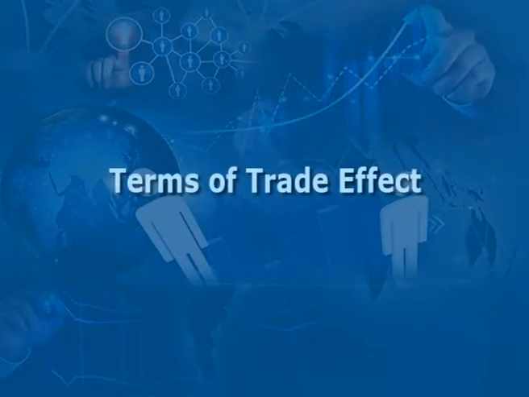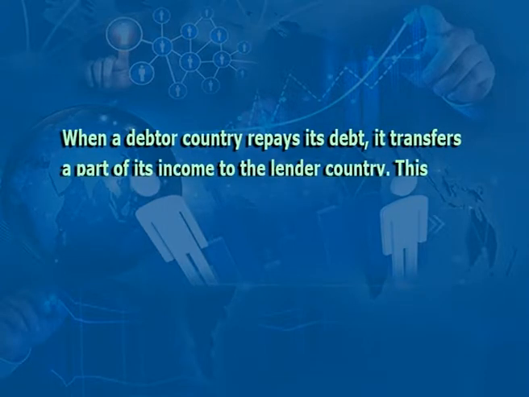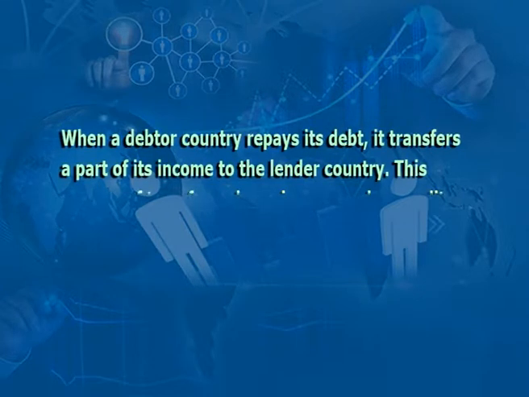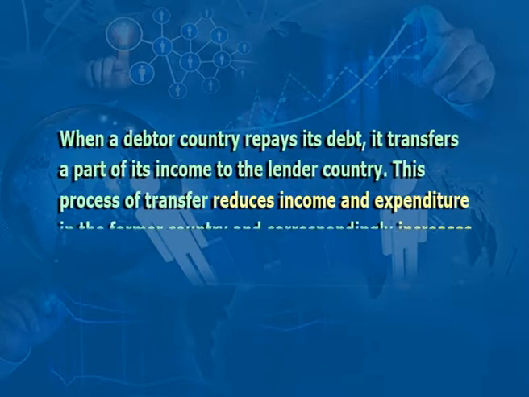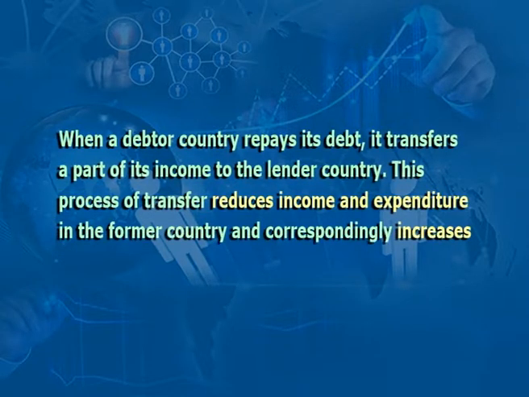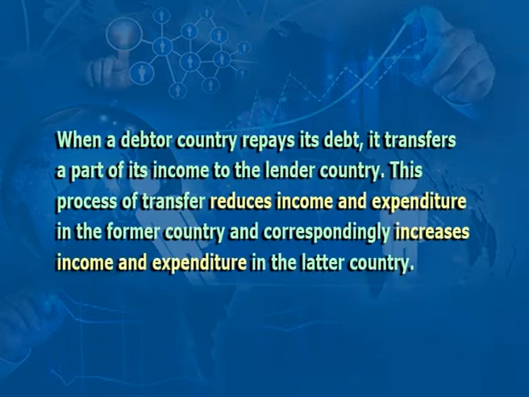Friends, now let us have a look at the effect of these issues on the terms of trade. When a debtor country repays its debt, it transfers a part of its income to the lender country. This process of transfer reduces income and expenditure in the former country and correspondingly increases income and expenditure in the latter country.